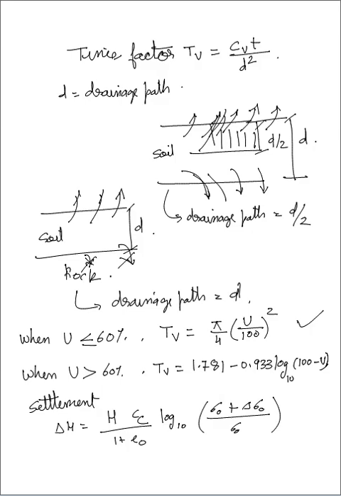I have explained all this terminology. E0 is the initial void ratio, and Cc is the coefficient of compression, basically the slope of void ratio versus stress.